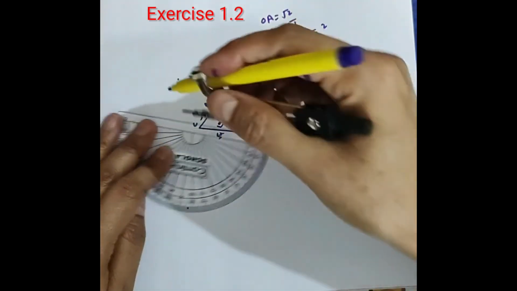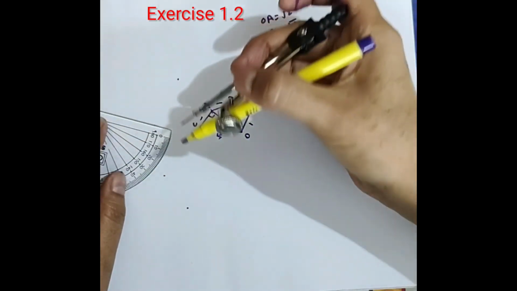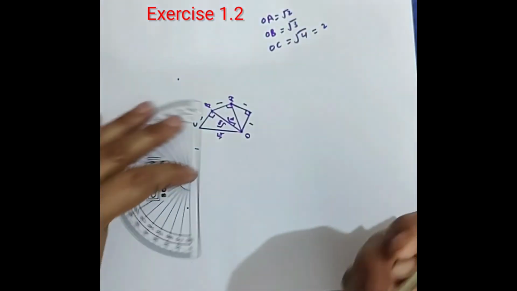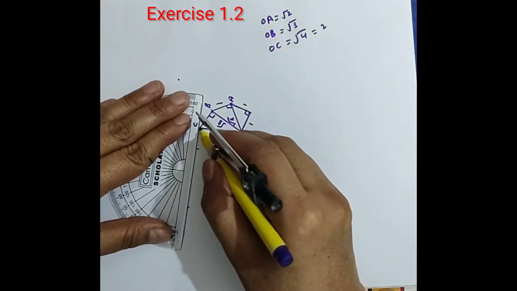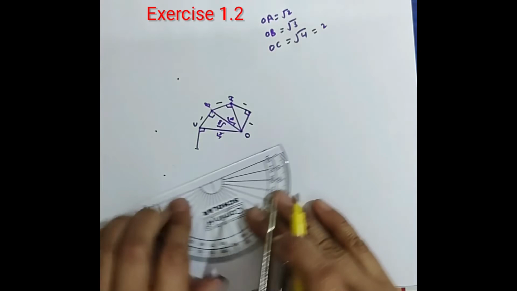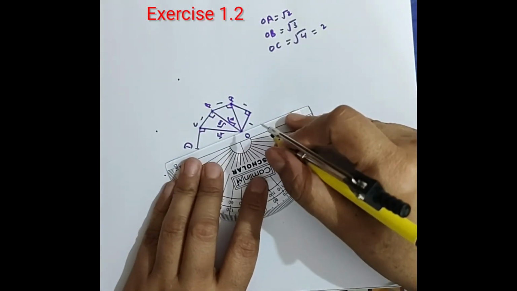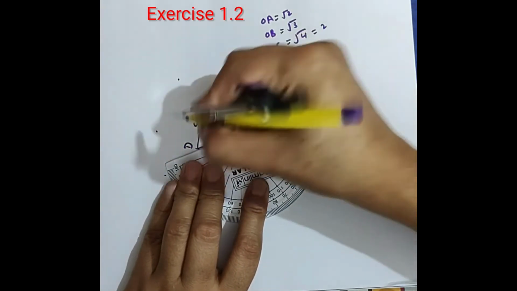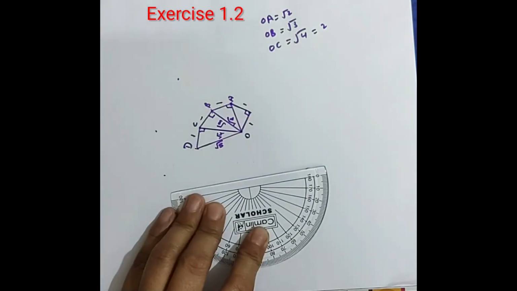Then I will open my compass 1 unit, because every time we have to make 1 unit, and then I will mark here. This is 90-degree, correct? Now I'll take this point as D. If I join this point with O, this will be equal to square root of 5.